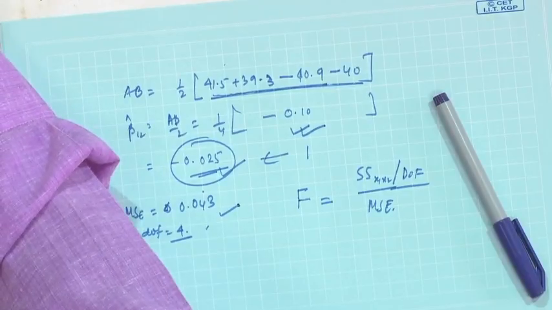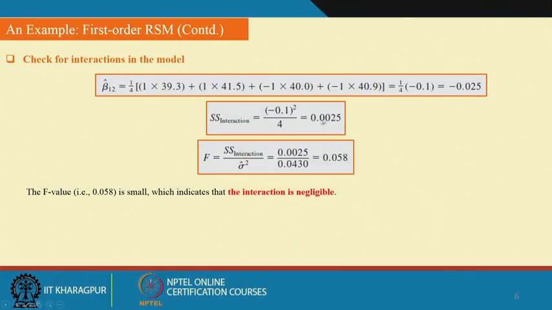Just see here: contrast square by 4 is the SS interaction, F is SS interaction by 1 over sigma square. You are getting 0.0025 by 0.043. So, this value is 0.0025 divided by 0.058. How much is it? Sorry, 0.043. So, this is 0.058.